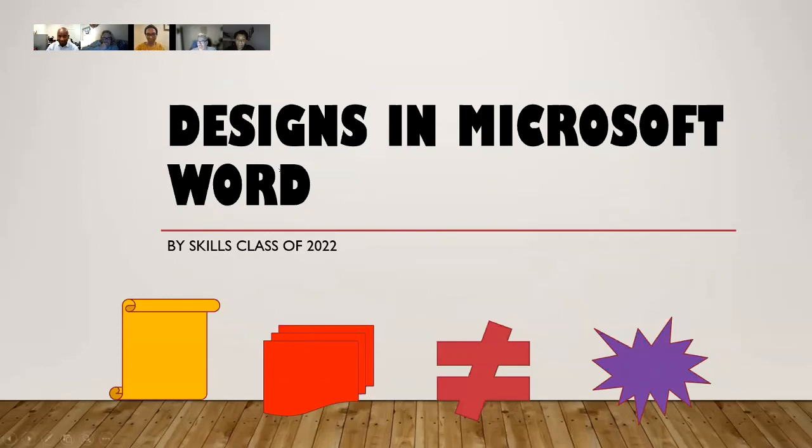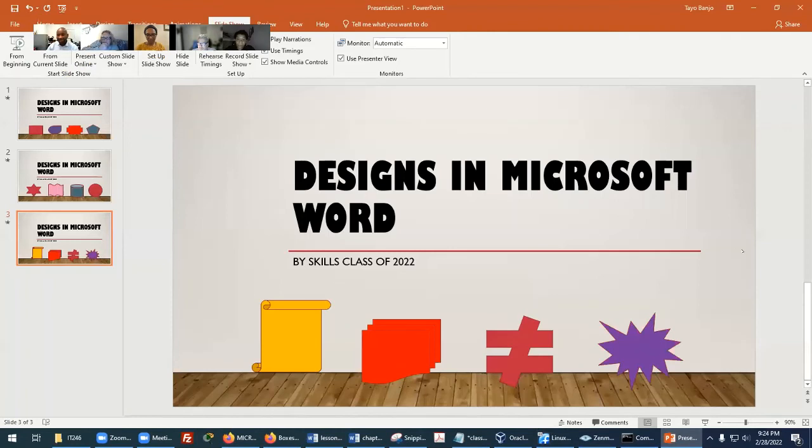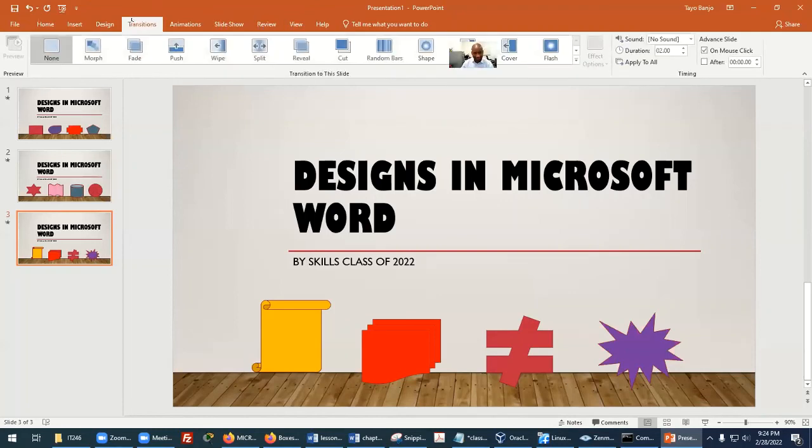The thing with Microsoft PowerPoint is that because your presentation is most times to an audience, you don't want things looking too garish, because there's a tendency that you can add all kinds of effects. For example, here's another thing I can do. I can go here and say transitions.